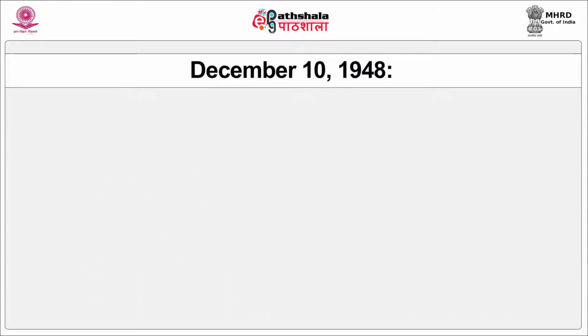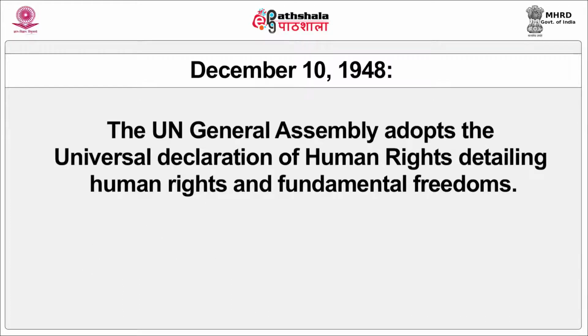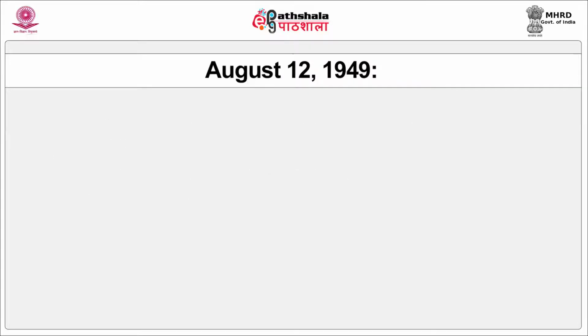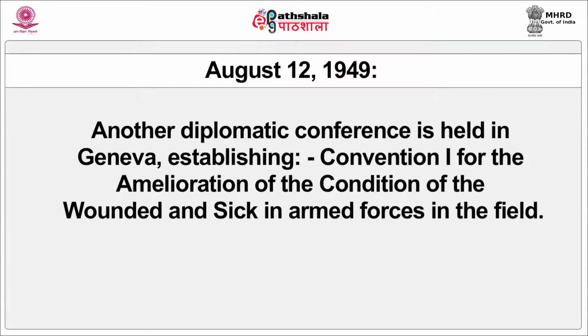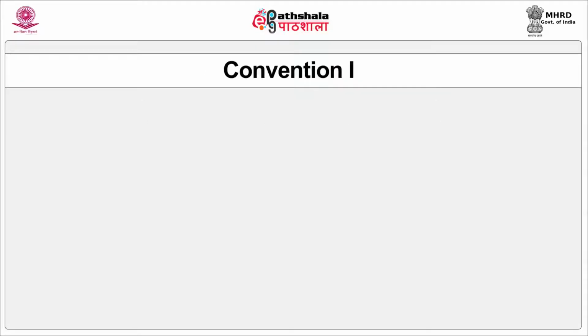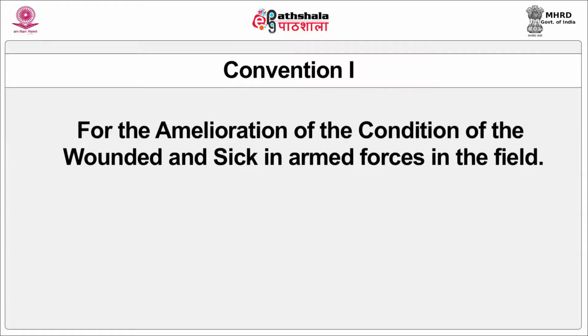December 10, 1948: The UN General Assembly adopts the Universal Declaration of Human Rights detailing human rights and fundamental freedoms. August 12, 1949: Another diplomatic conference is held in Geneva establishing Convention 1 for the amelioration of the condition of the wounded and sick in armed forces in the field.